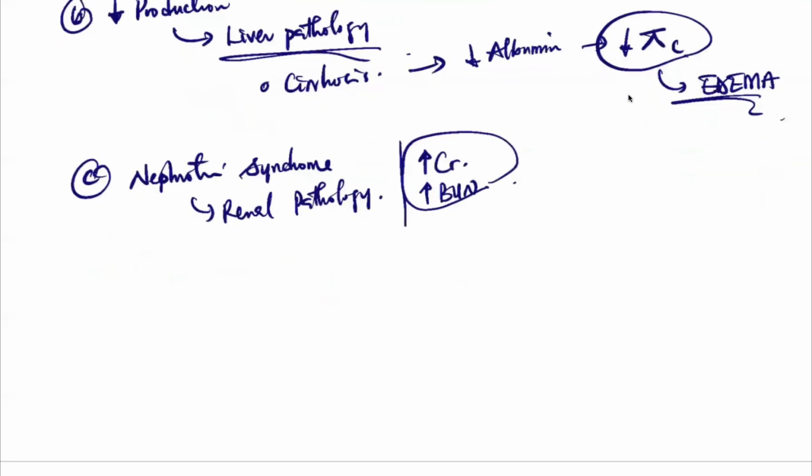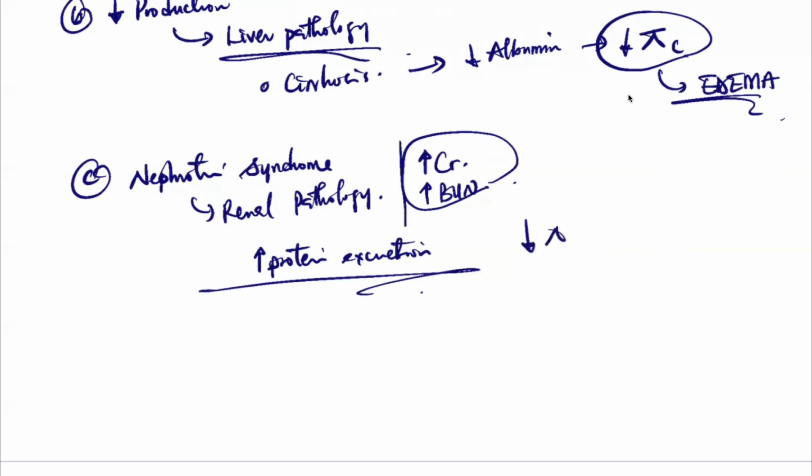People are peeing out protein, increased protein excretion. That can also result in edema. If you pee all your protein away, you decrease capillary oncotic pressure. Remember, they could also call this capillary colloid osmotic pressure.